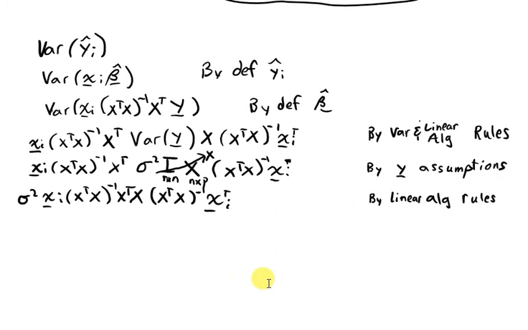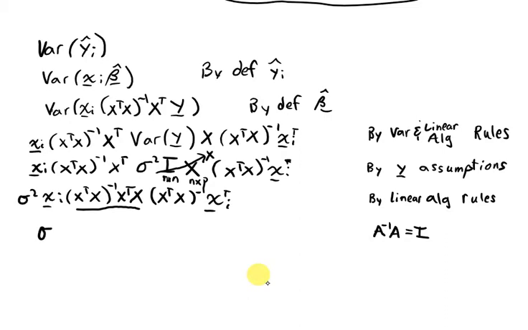Now we can simplify this a little bit more. Here is a square matrix inverse times the square matrix where it's not an inverse. And we know for two square matrices, A inverse times A is actually equal to an identity matrix. So we can use the same property as before and break this down. They in a sense cancel each other out.